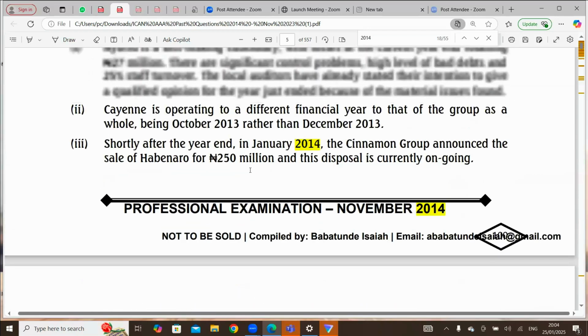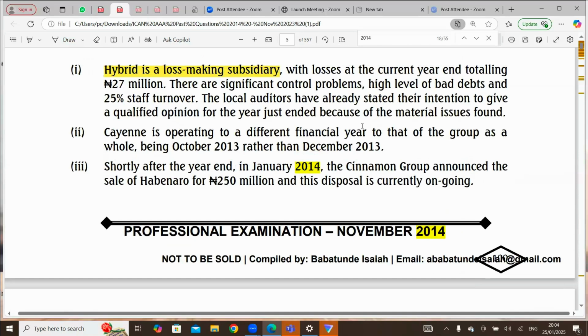Let me continue. The ICAN is operating a different financial... what's the correct pronunciation of this? Cayenne, right? What's the actual pronunciation of this word?